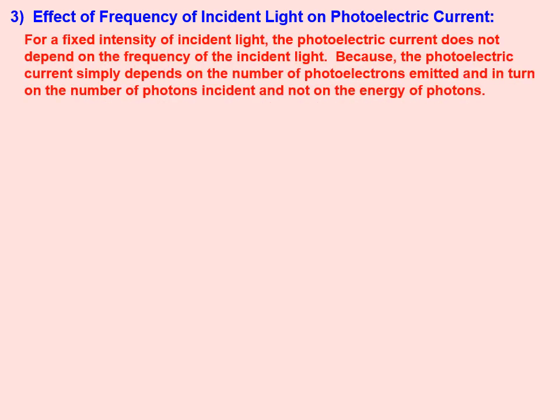Now the effect of frequency of incident light on photoelectric current. For a fixed intensity of incident light, the photoelectric current does not depend on the frequency of incident light, because the photoelectric current simply depends on the number of photoelectrons emitted and in turn on the number of photons incident and not on the energy of photons.